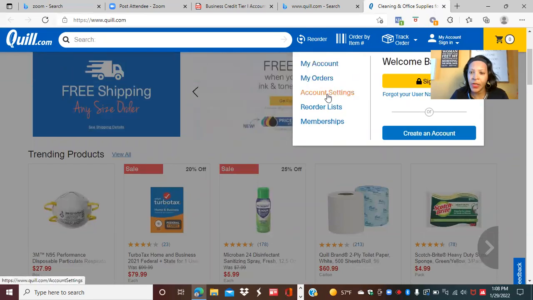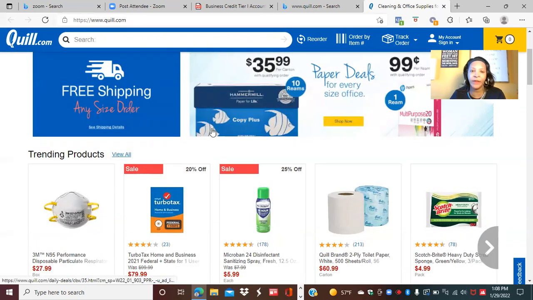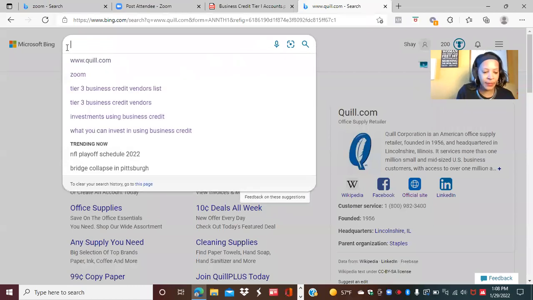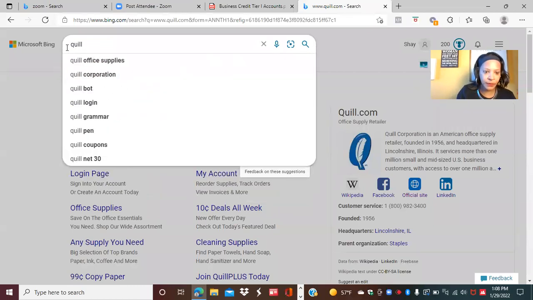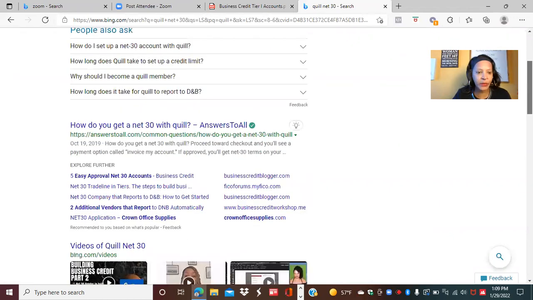So I may want to create an account, because I'm not going to go into my account. And I'm trying to remember if I went to, hold on, I can do it this way, not a problem. I can go Quill net 30. That's what I want. Okay. I want a net 30 account with Quill.